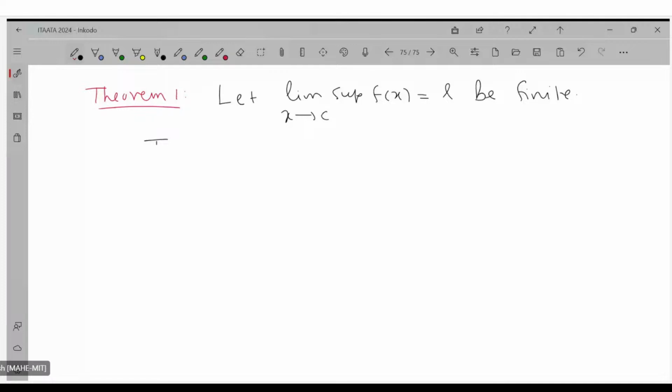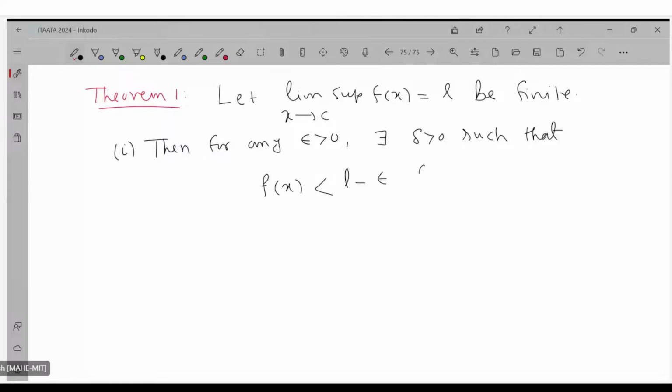Then for any epsilon greater than 0, there exists a delta greater than 0 such that f(x) is less than L plus epsilon for all x belonging to N dash c delta intersection D.